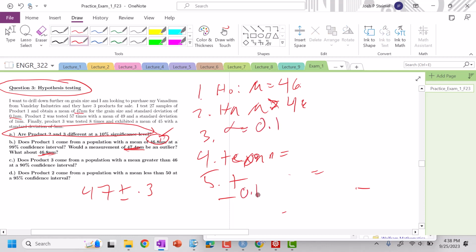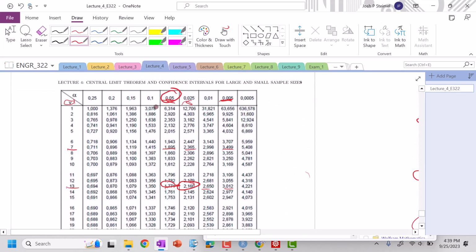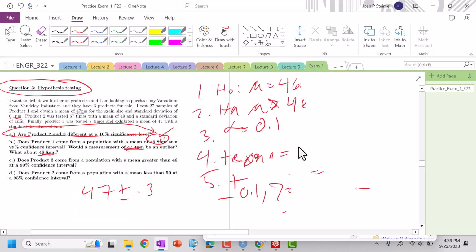For product 3, that nu is going to be 7. We can look that up right now. t of 0.1 and 7: 1.415. And then our t experimental we can just calculate.